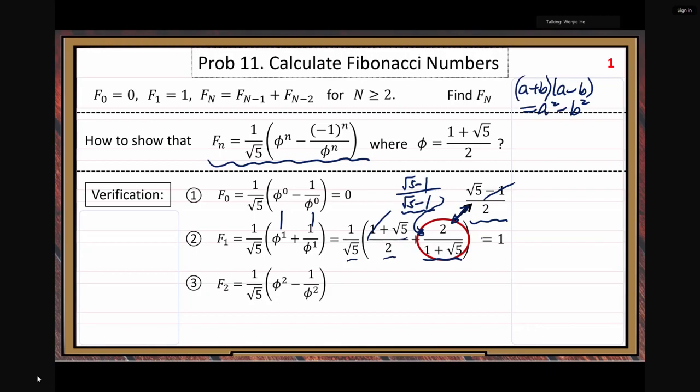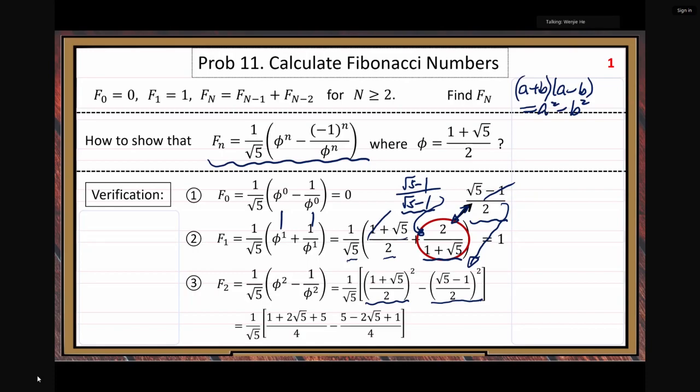F2, now this time phi squared minus 1 over phi squared. Because we did the rationalization before, here we can just use that number. Then these two, we can apply the formula to simplify, expanding these two parentheses.